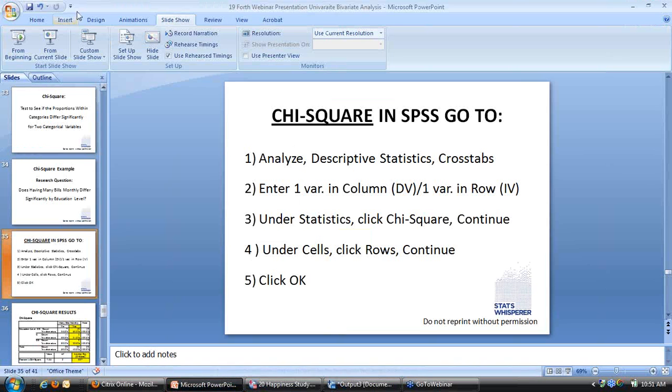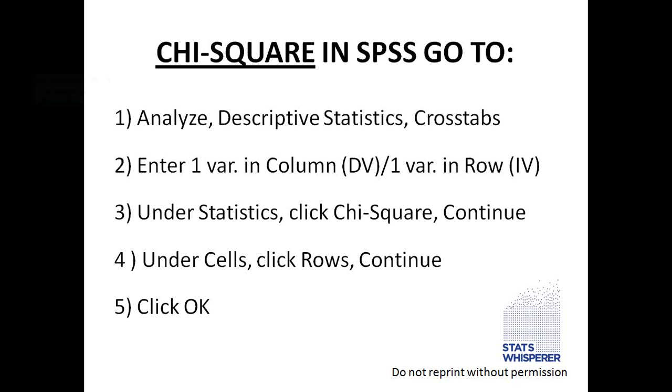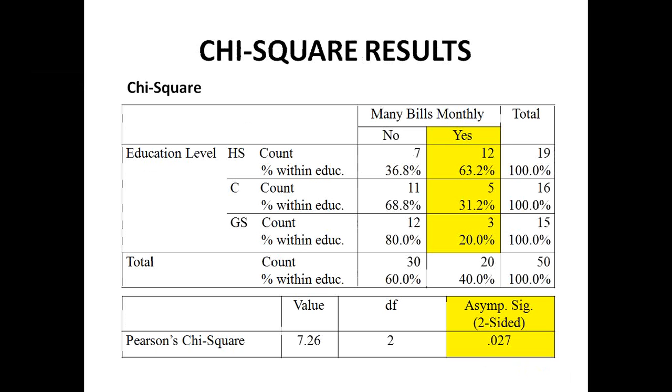Now let's go to our slides and look at the chi-square. So this is the same thing that was on the output, just made a little bigger, so it's easier to interpret. On the left, we have education level: high school, college, and graduate school.